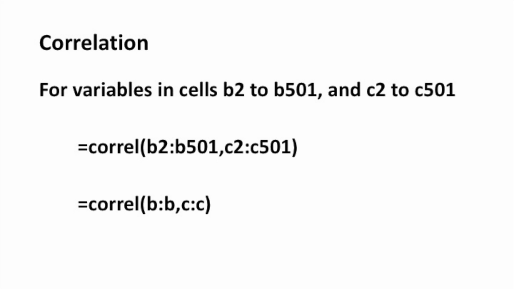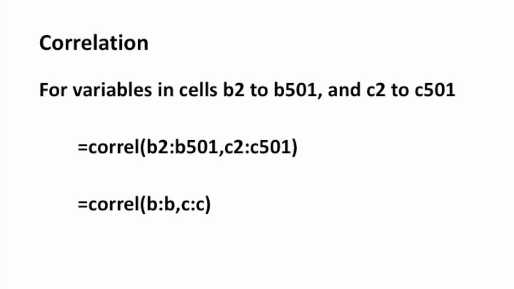As sort of a shortcut, you could also use the formula =CORREL(B:B,C:C). So that's telling Excel just to take the variable that's in the B column, and C:C. So with that, I can't wait to get started in Excel, so I'll see you there in a second.